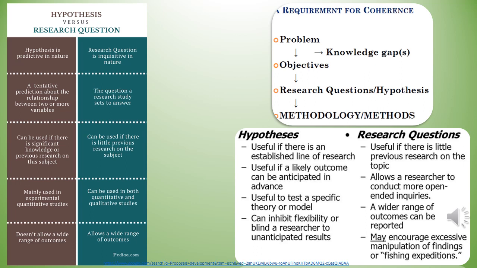Research hypothesis can be used if there is significant knowledge or previous research on this subject, but research question can be used if there is little previous research on that particular subject. Rest of the things you can read from it.